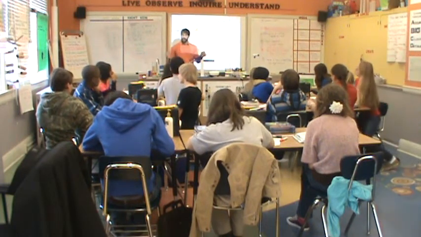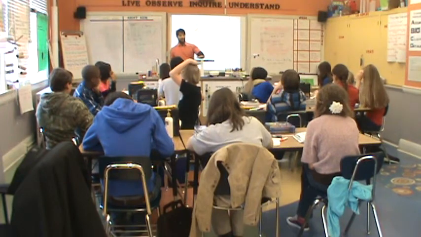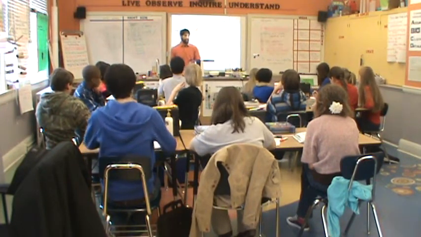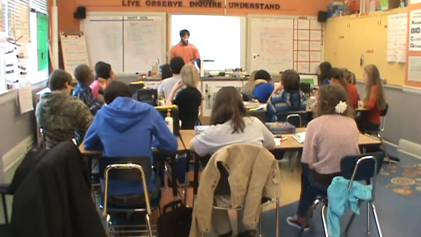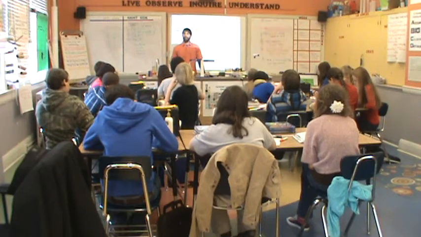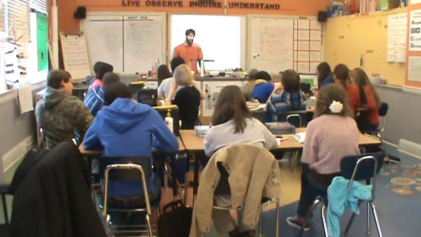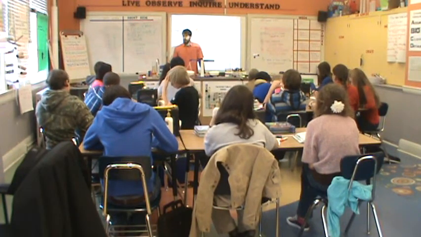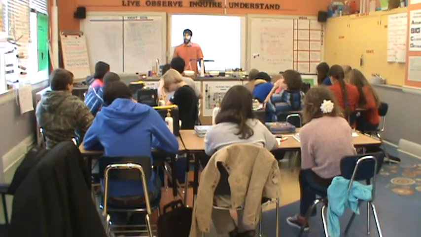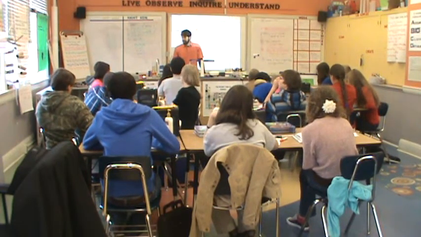Okay? So, all of my elements on the periodic table are balanced, they are neutrally balanced. What does beryllium want to do? Does it want to lose electrons or gain electrons? Which group is beryllium in?